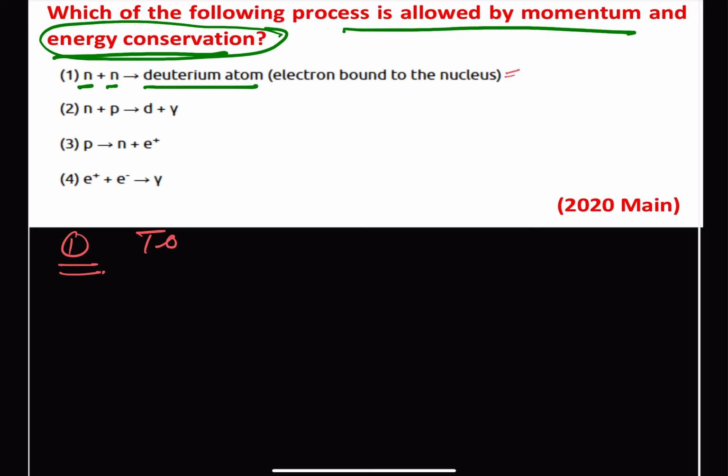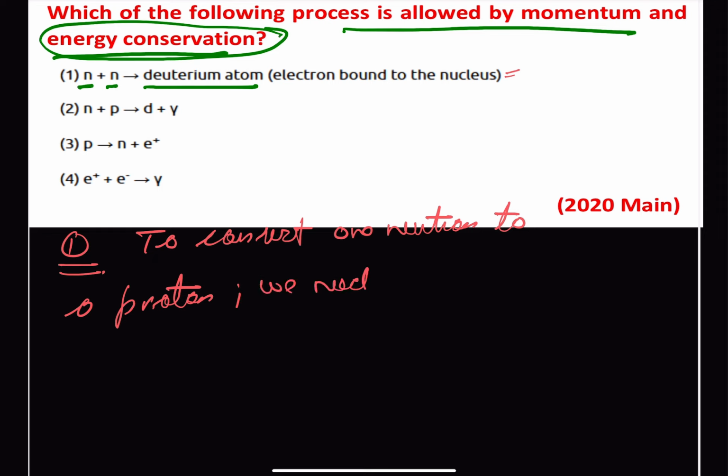To convert one neutron to a proton, we need beta decay.